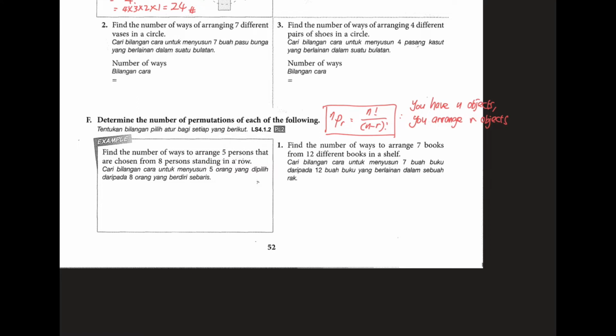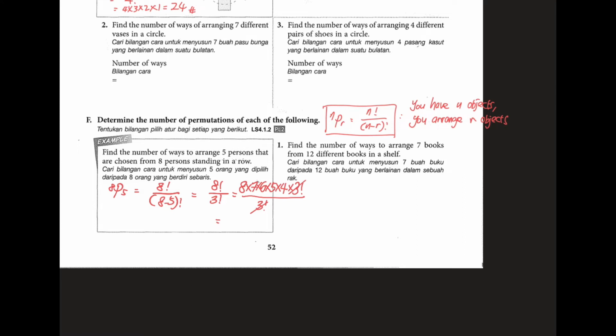So that is going to be 8P5, 8 factorial over (8 minus 5) factorial, 8 factorial over 3 factorial. The top one I arrange some, 8, 7, 6, 5, 4 until 3. I put 3 factorial so that I can cut with the bottom. Okay, so I cut the 3 factorial.